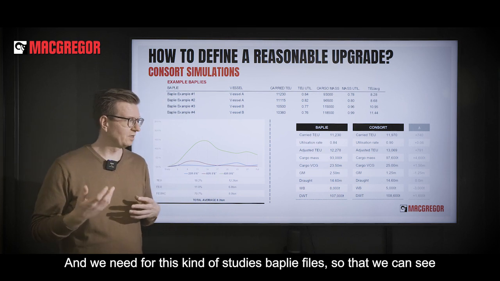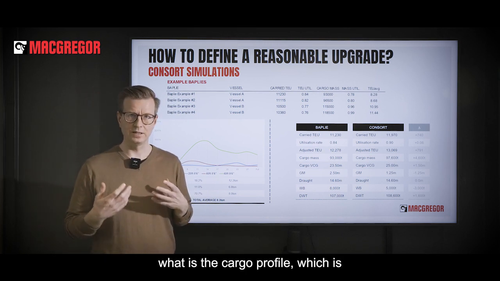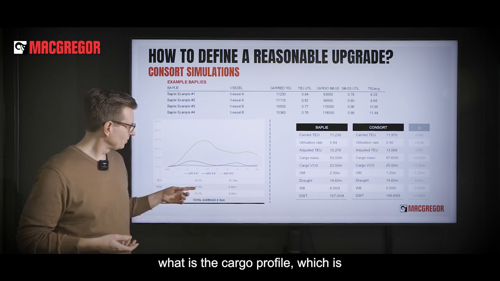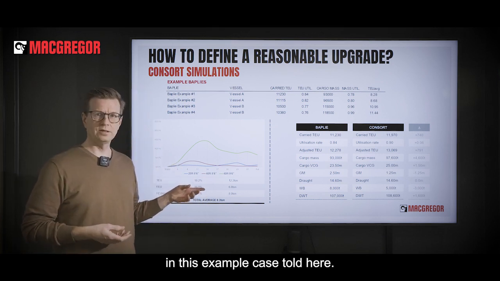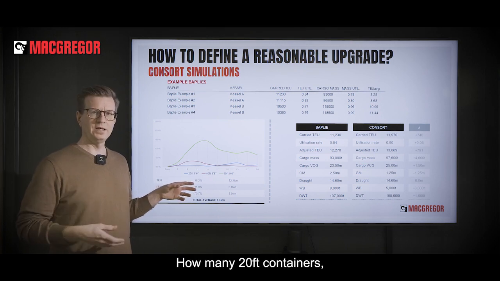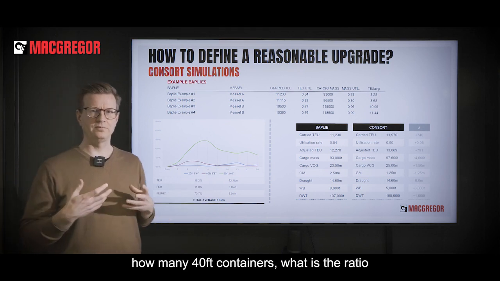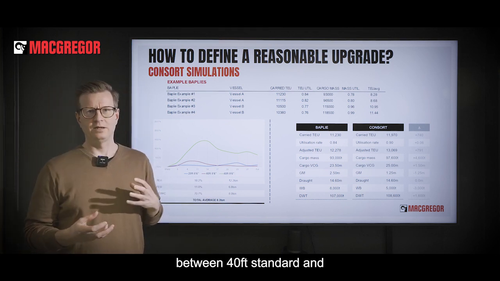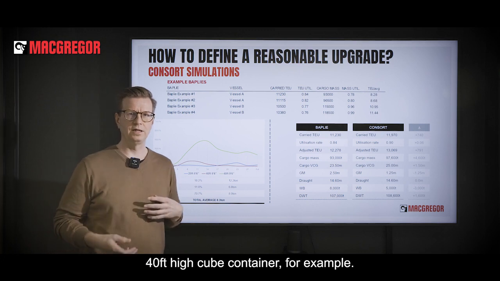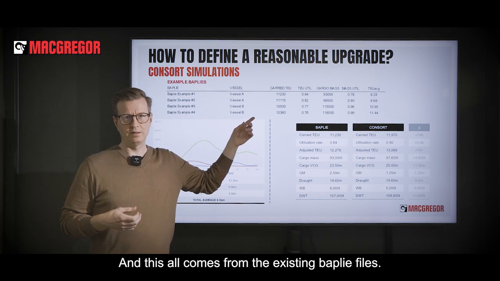For these studies we need public files, so that we can see the cargo profile, which is told here in this example case: how many 20-feet containers, how many 40-feet containers, and the ratio between 40-feet standard and 40-feet high cube containers, for example. And this all comes from the existing public files.